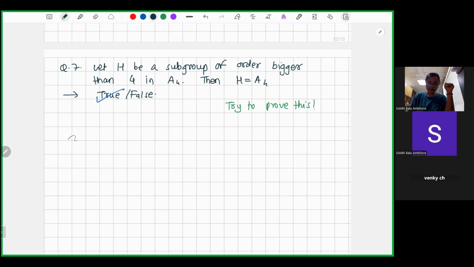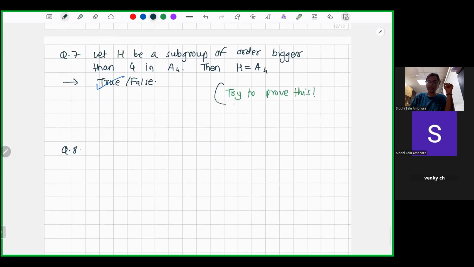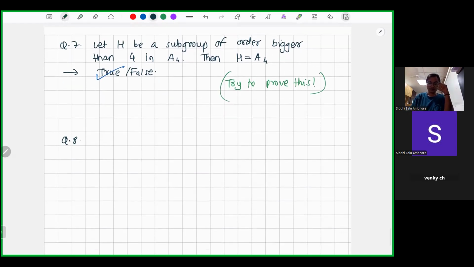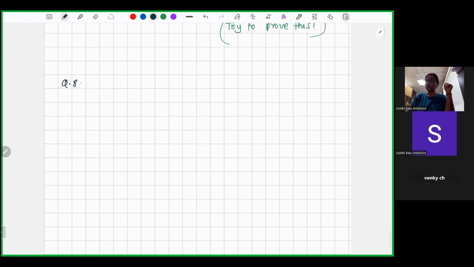And since the time is not there, we will do this one, and please try this, and if you have any doubt, please raise this in the discussion forum, or we can prove this in next week's session.